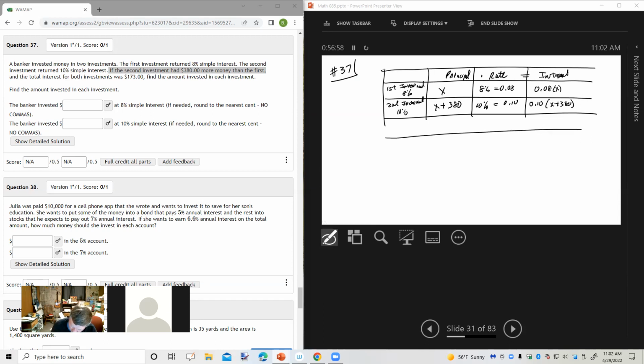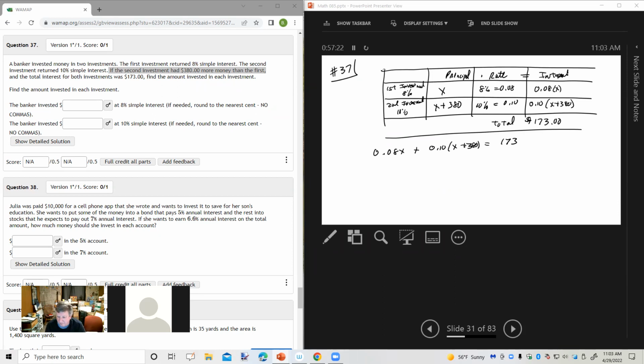And then down here, we've got the total, which is the $173. I don't think I included that line on the last problem. I just read it off the page. Okay, so we've got 0.08X plus 0.10 times X plus 380 equals $173.